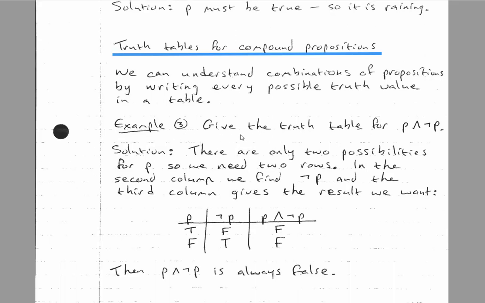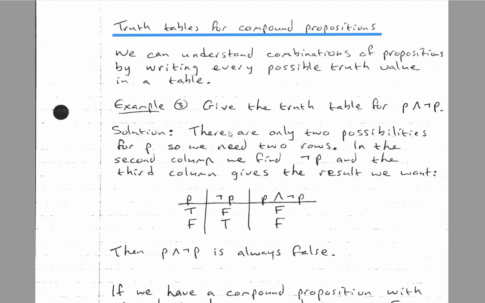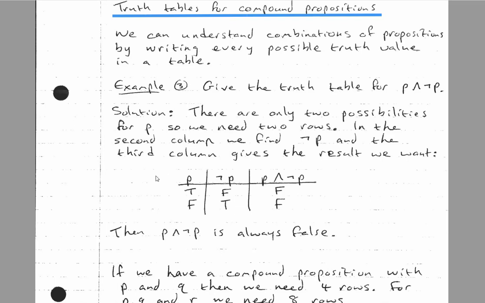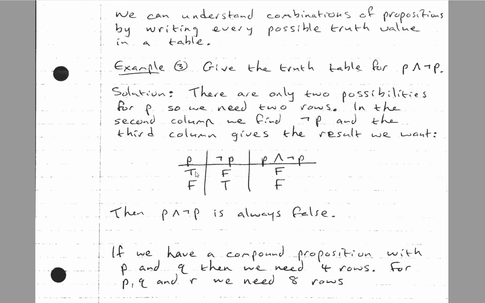Example 3, this is a simple example just with a P. Give the truth table for P and not P. All right, so P is either true or false, so our table, we'll just have 2 rows. The first row, P is true.